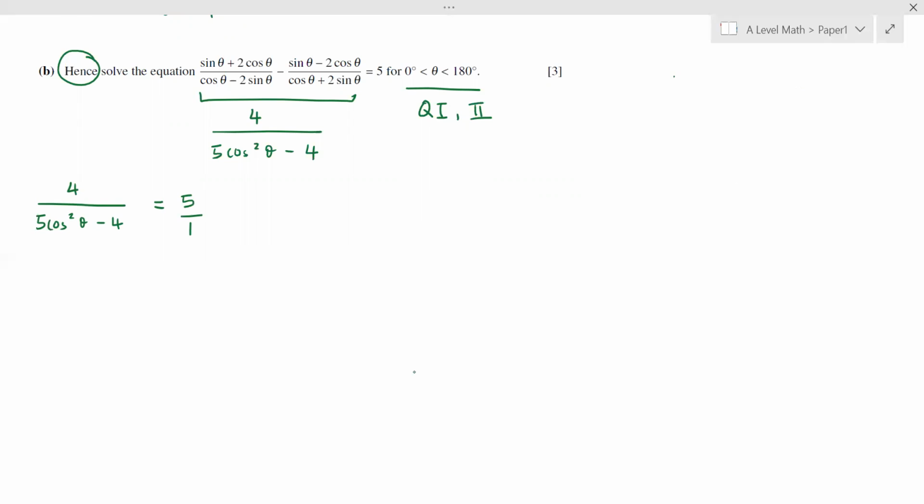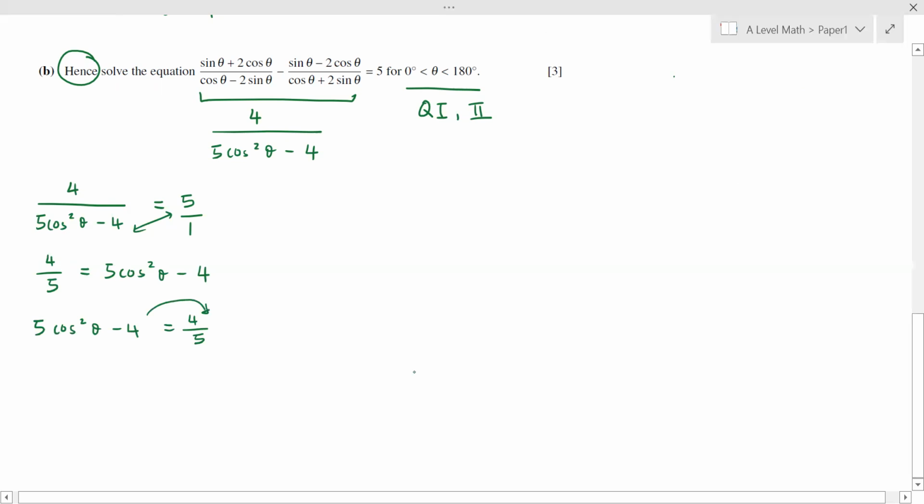We can always cross multiply. Otherwise, just switch place and you're good. So over here, we have 4 over 5 equals 5 cos squared theta minus 4. We can write this as 5 cos squared theta minus 4 equals 4 over 5.